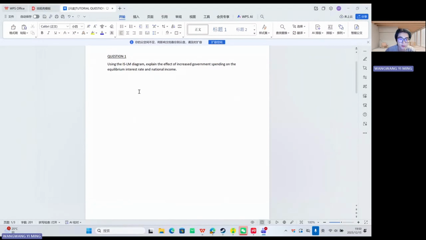The final result, compared with the start: the equilibrium interest rate rises from R1 to R2, and the national income grows from Y1 to Y2. I will discuss question 1.